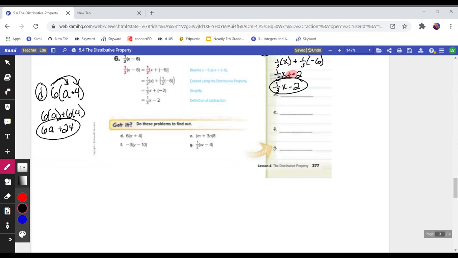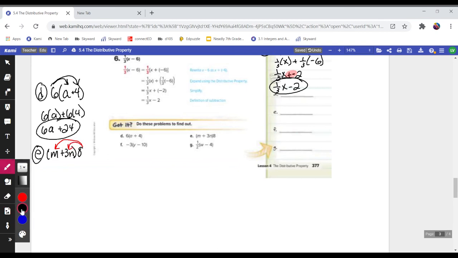All right, letter E, I'm going to do up to the left as well. The quantity m plus 3n all multiplied by 8. I know that this looks different, but as we did before, I'm going to distribute this 8 to the m and this 8 to the 3n.